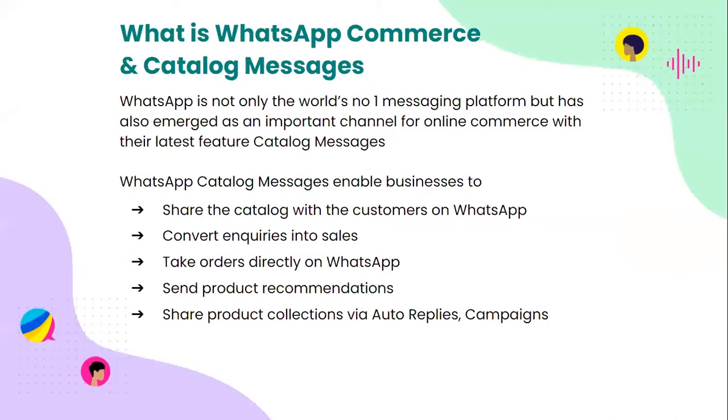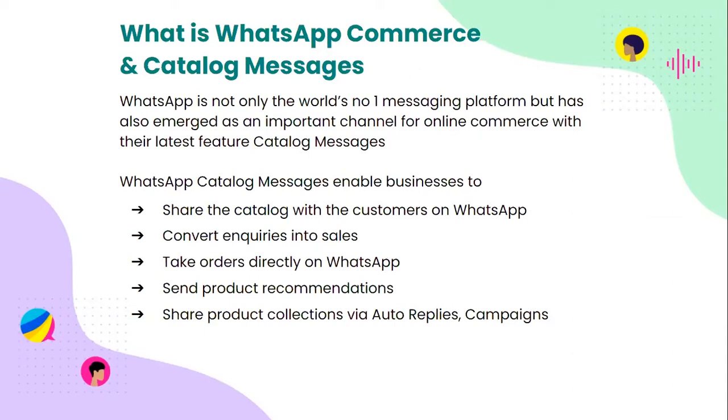So what is WhatsApp commerce and catalog messages? WhatsApp is not only the world's number one messaging platform, but has also emerged as an important channel for online commerce, with the latest feature of catalog messages. You must have seen that a couple of months ago, Facebook Meta made an announcement with the launch of WhatsApp shopping in India.